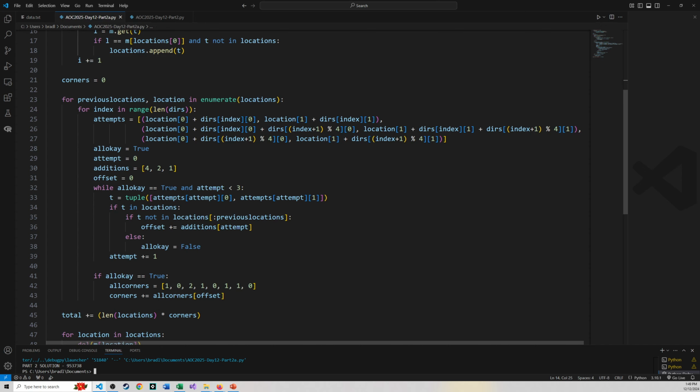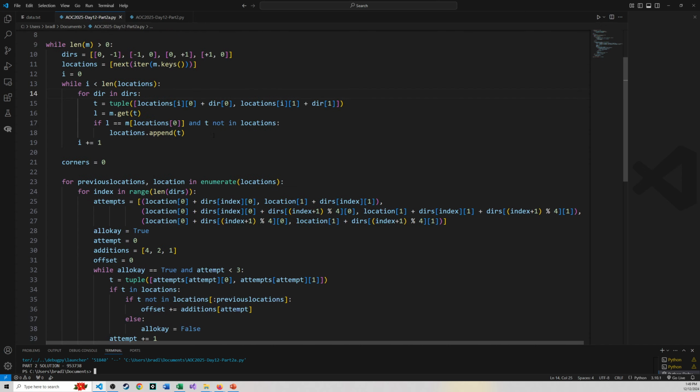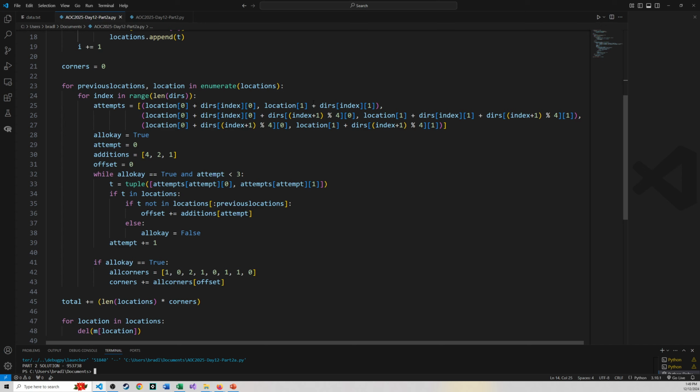And so this is the fancy math that gets me there. The dirs here is up here, but this is just saying let's try to go left. Let's try to go up, diagonally up left, and let's go to the up.